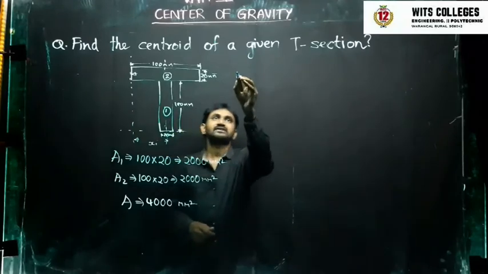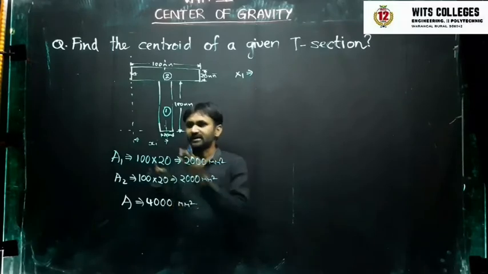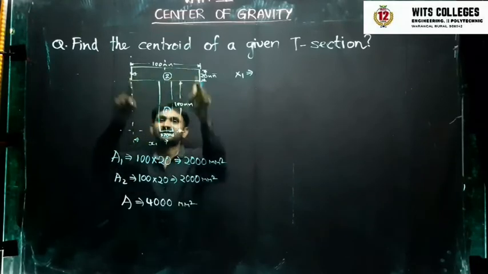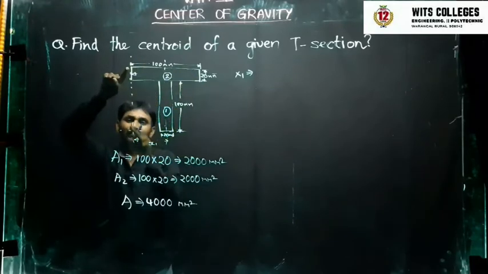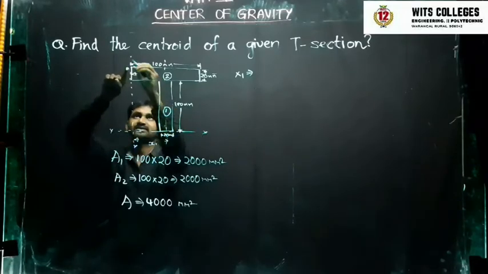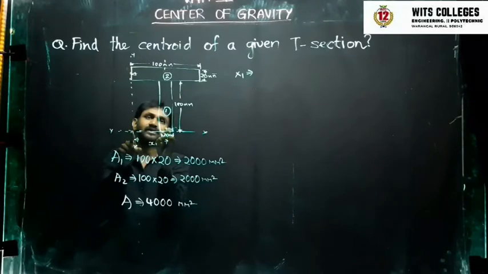Now I need to calculate x bar. It means x1. What is x1? x1 in the sense figure number 1, the centroidal distance of this. For example, if this is the T-beam, if you take x-axis and y-axis, so this is x-axis and this is y-axis. From the y-axis, you have to take the distance. It means the figure starts from here, so that's why this distance has to be taken.